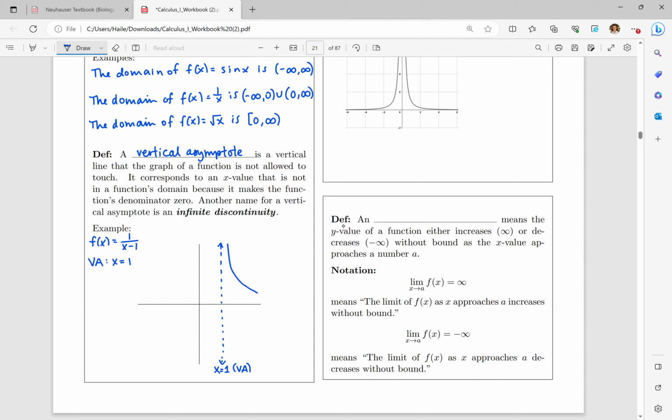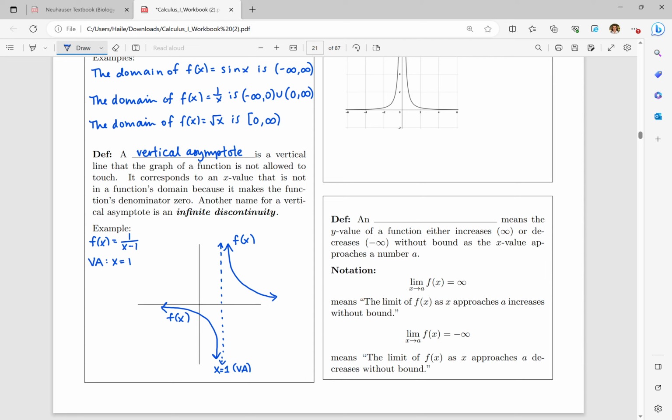So we're going to have something that looks a bit like this. It's just been shifted over. If that's unfamiliar to you, make sure and go back and review function transformations. So f of x would be both of these little blue branches that we see here.